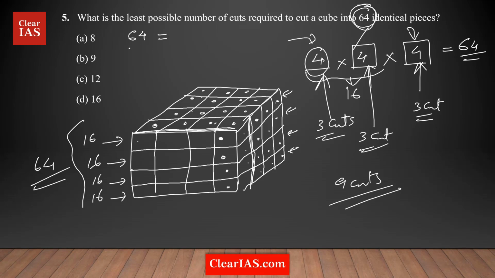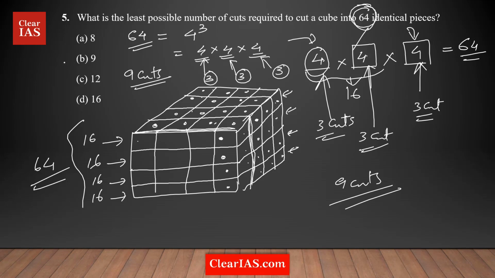That is 4 cube, 4 times 4 times 4. Along each axis there are 4 pieces, so you need 3 cuts along each axis. The total number of cuts required is 9. So option B is the right answer for this question.